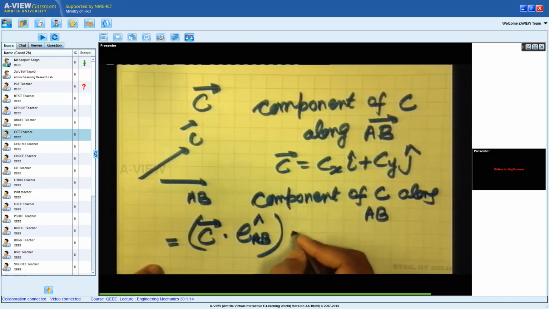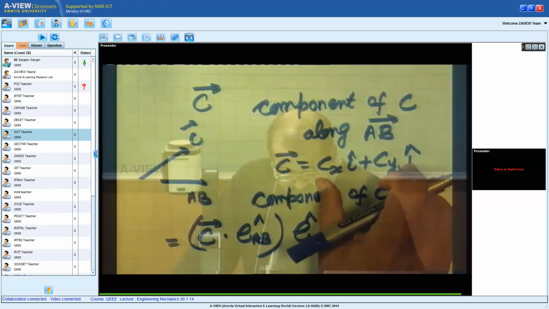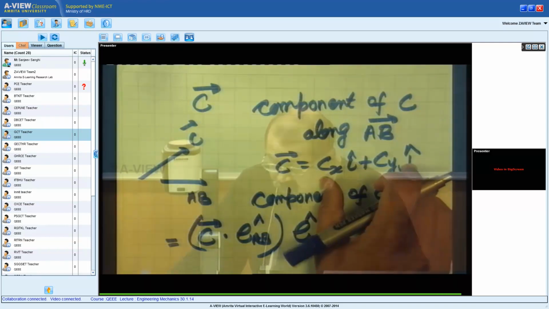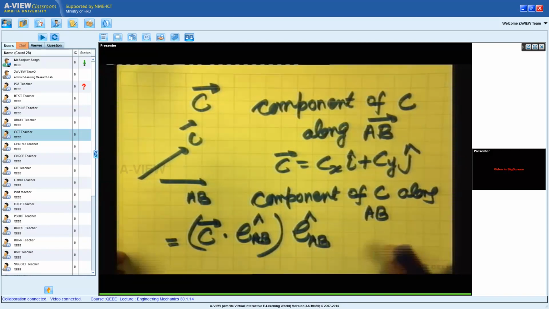If we have to express this component as a vector, then the direction of this component is given by the direction AB, which is the unit vector along AB. We have already worked out the components of eAB, so we just have to take a dot product.